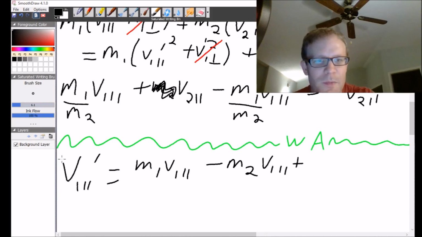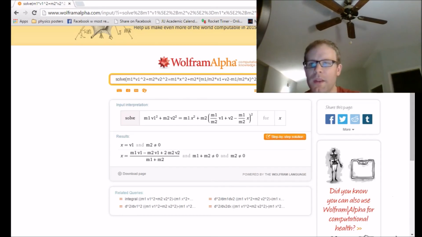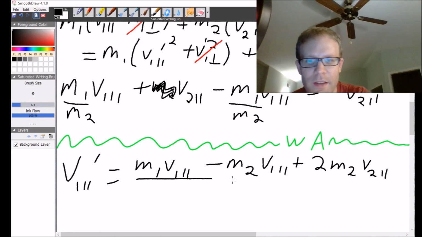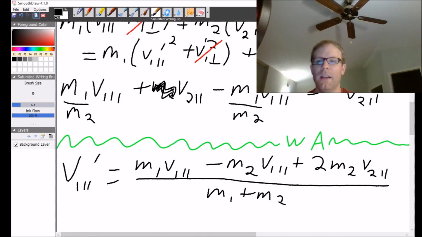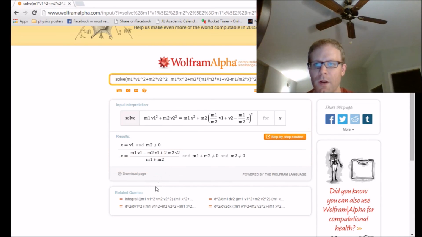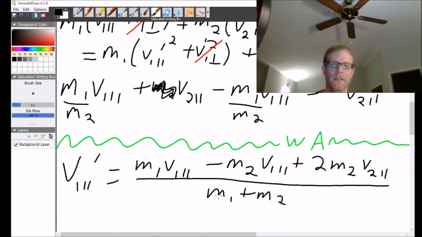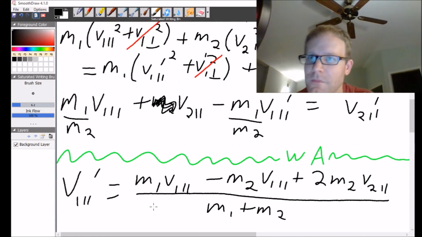This thing is a velocity, so I need a mass in the denominator to cancel out the masses in the numerator, so I divide all of this by M1 plus M2. Let me double check: M1 V1 minus M2 V1 plus 2 M2 V2, all over the total mass. Wonderful.